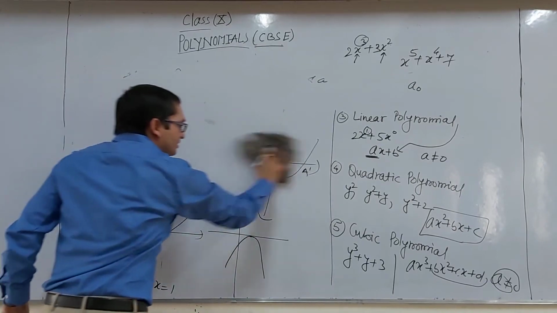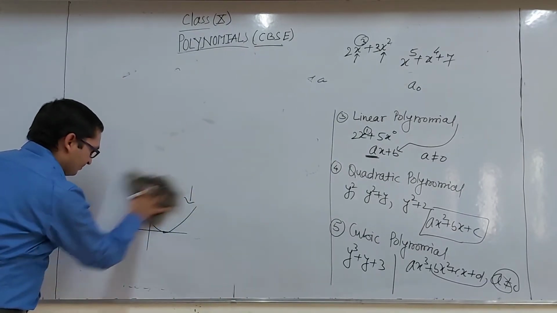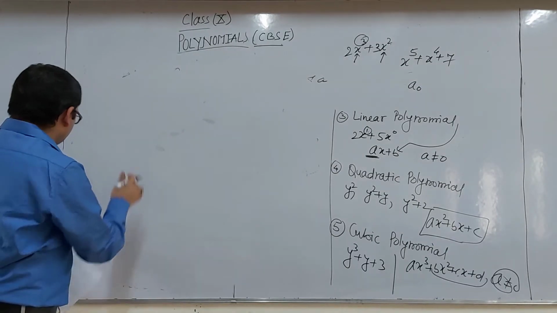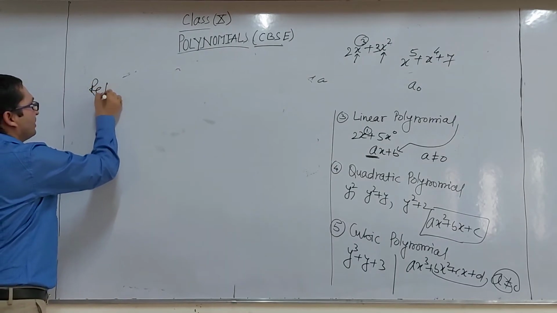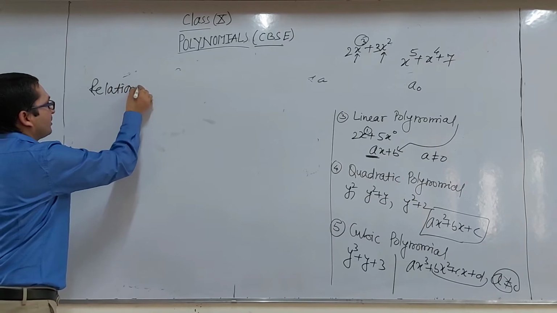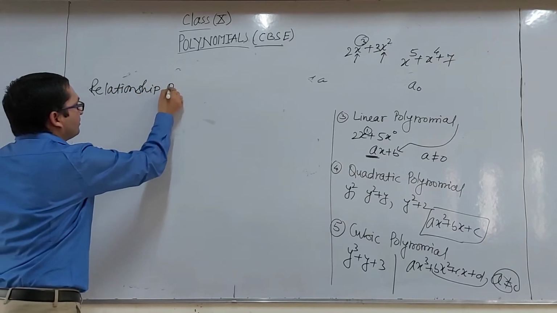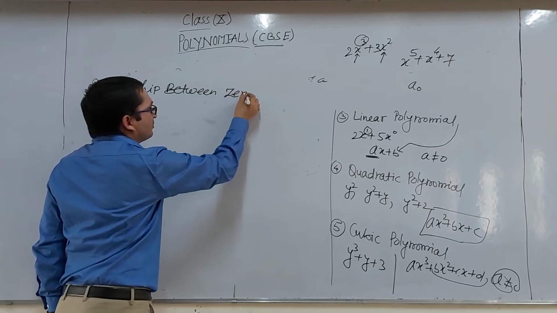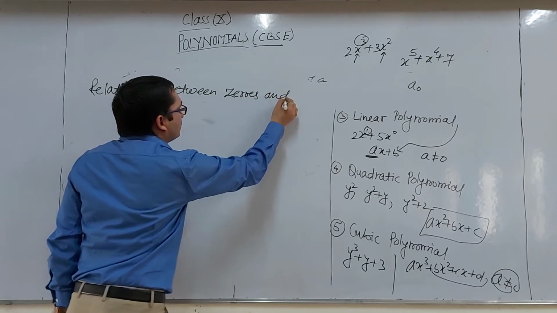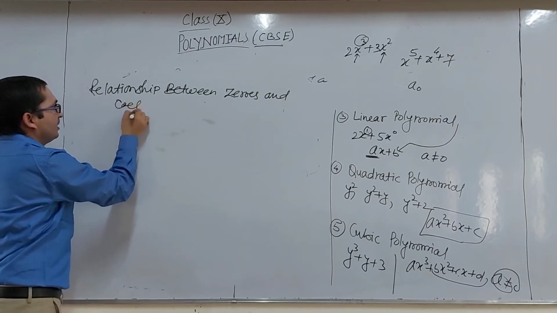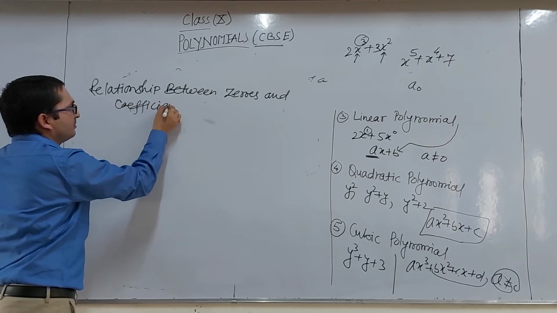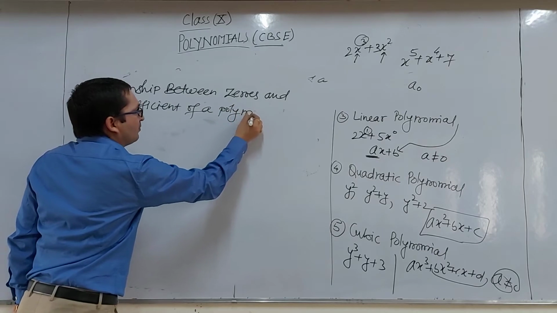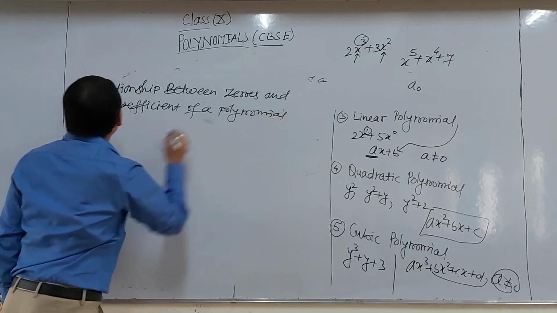Now the next point, the relationship between zeros and coefficients of a polynomial.